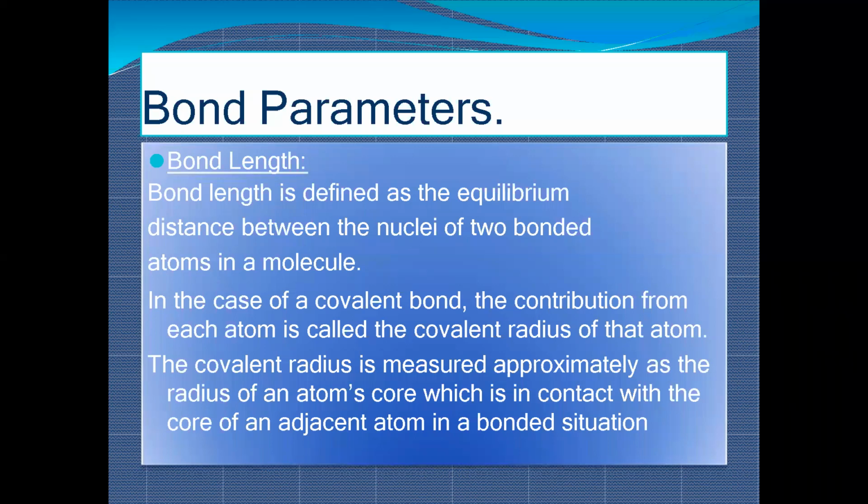The covalent radius is the measure, approximately, of the radius of the atom core which is in contact with the core of the adjacent atom in a bonded situation. It is the measure from one nucleus to the adjacent atom's nucleus that constitutes the total bond length.